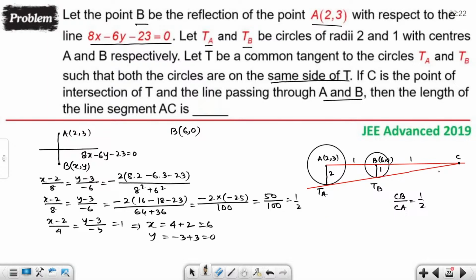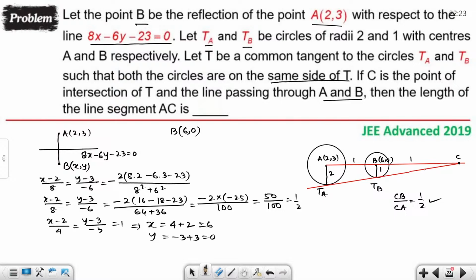That is given over here. Thus point B is dividing the line joining AC in the ratio 1:1. That is, point B is the midpoint of A and C.